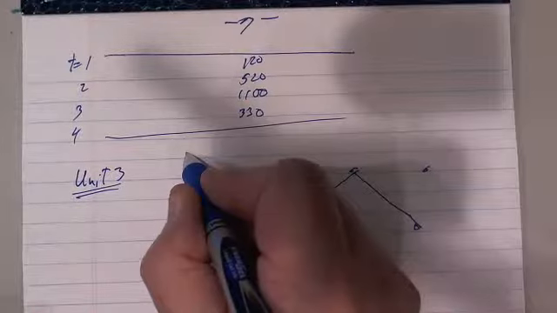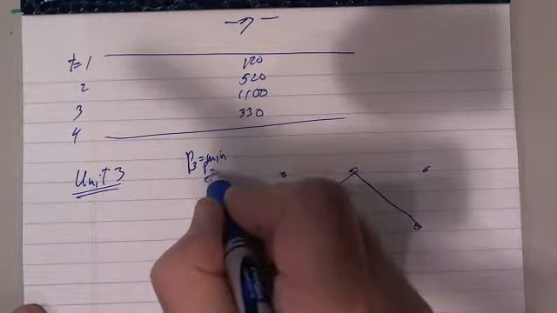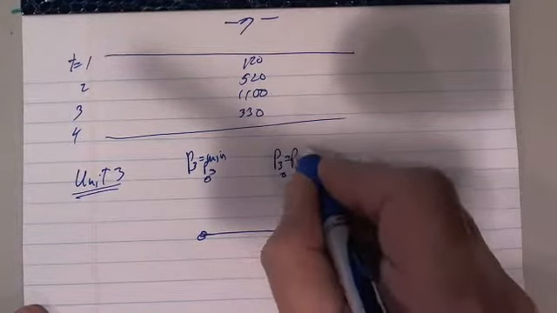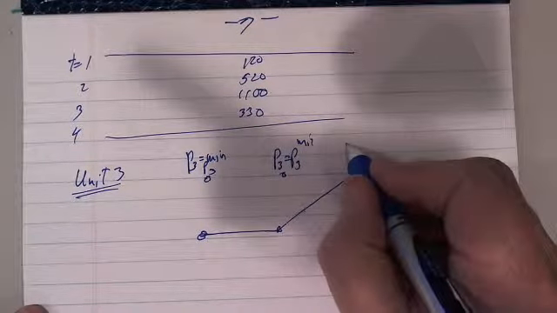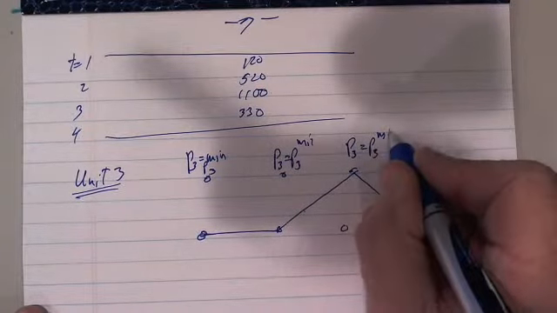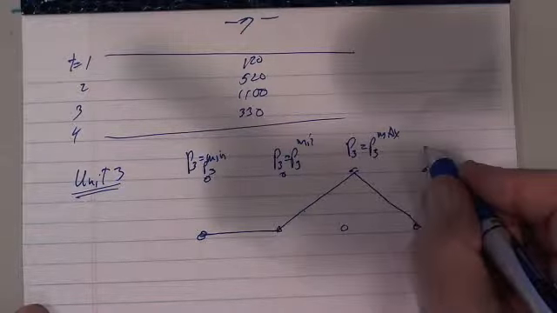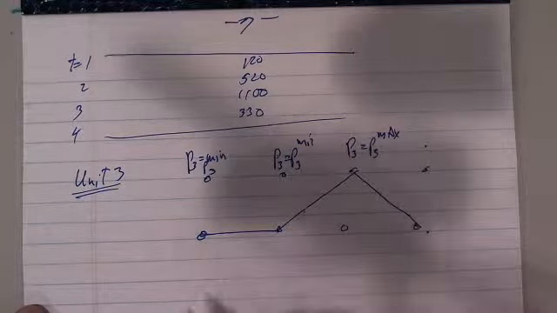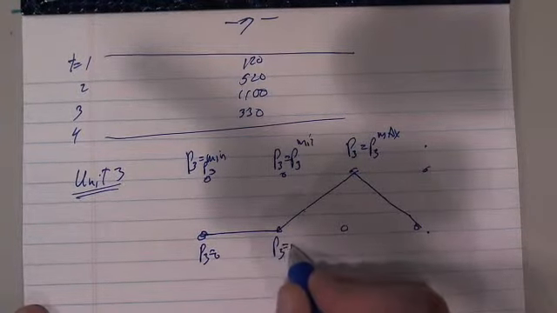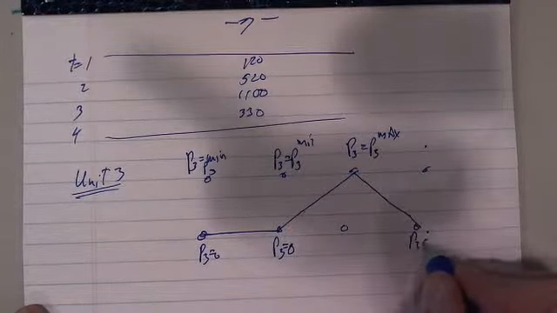And so here, P3 equals P3 min, and here it's also P3 equals P3 min, but here P3 equals P3 max, and here actually P3 equals 0, P3 equals 0, wait a minute, yep, and P3 equals 0.